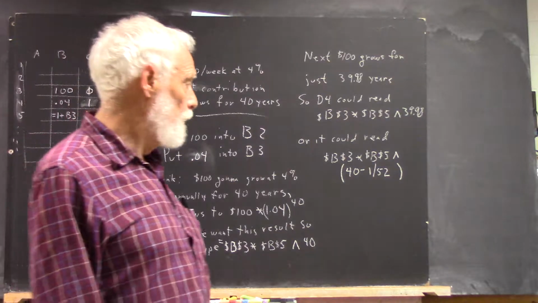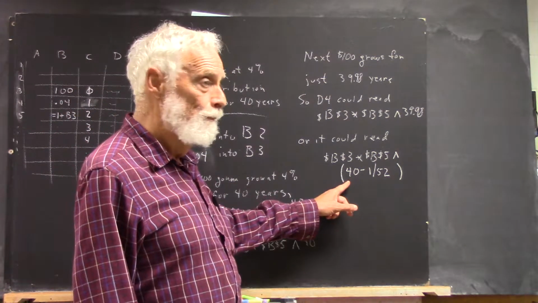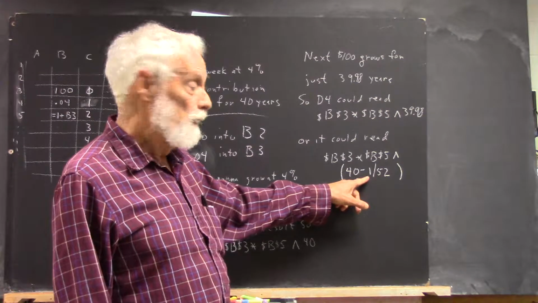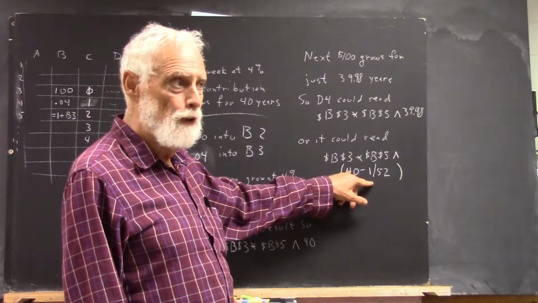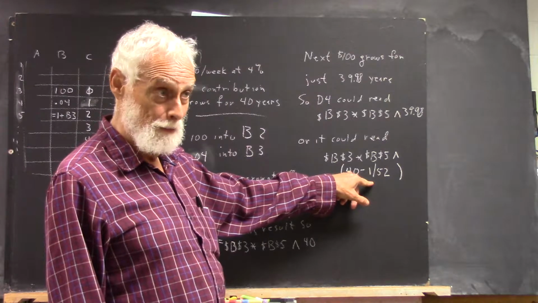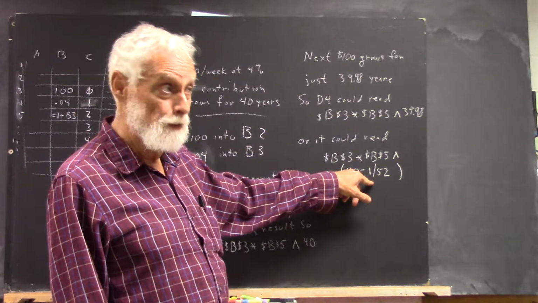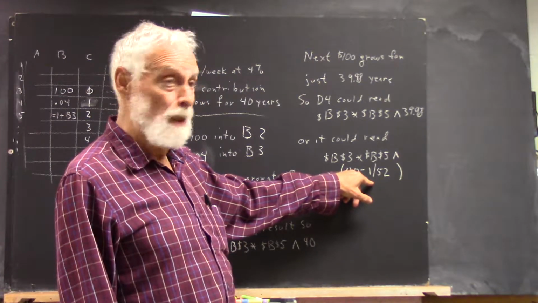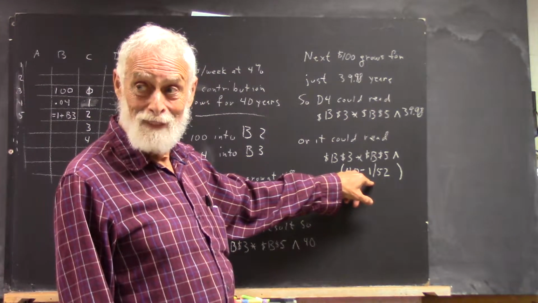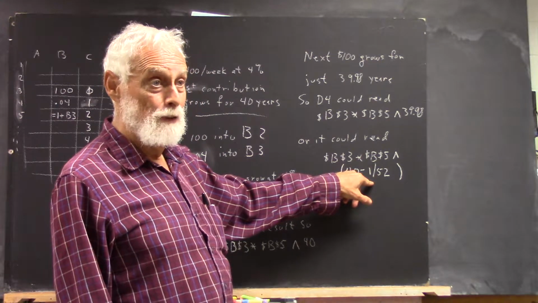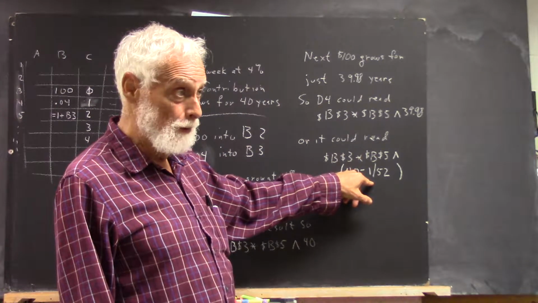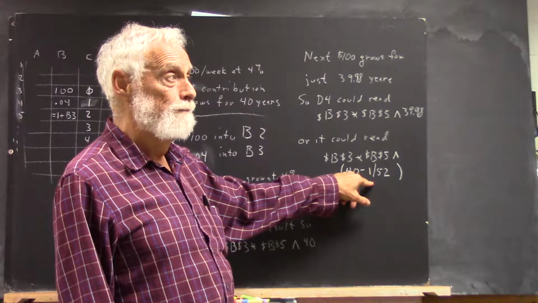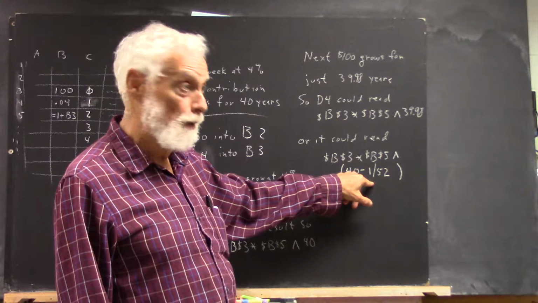And now you don't know if it's going to subtract the 1 from the 40 or divide 1 by 52 first. Turns out Excel will do the division first, but you never trust it, because there are places where it does not follow the order of operations. It was written by accountants, not by mathematicians, for convenience to accountants. So if a scientist or a mathematician is going to use it, you've got to be careful about its erroneous mathematics. Okay?